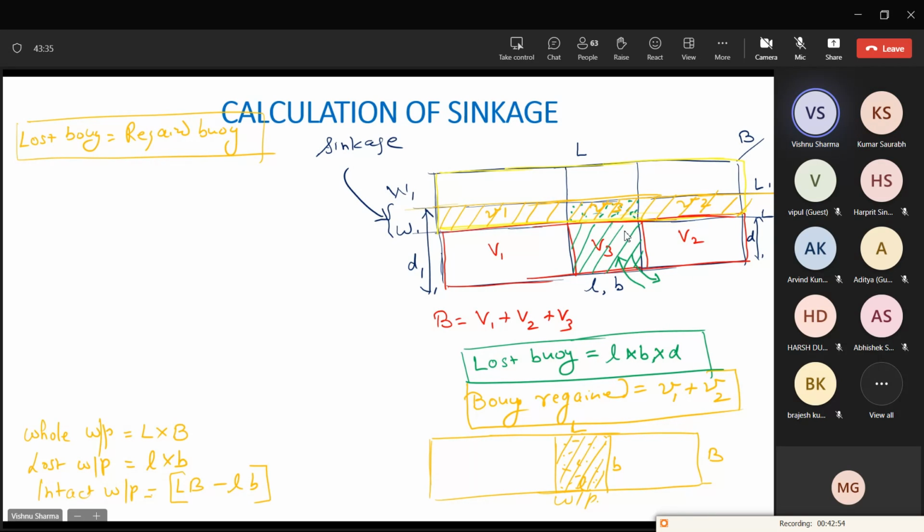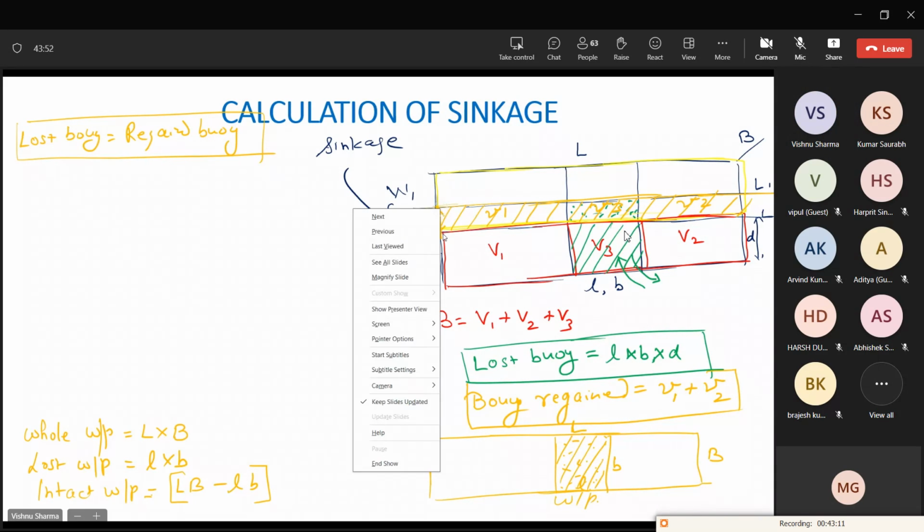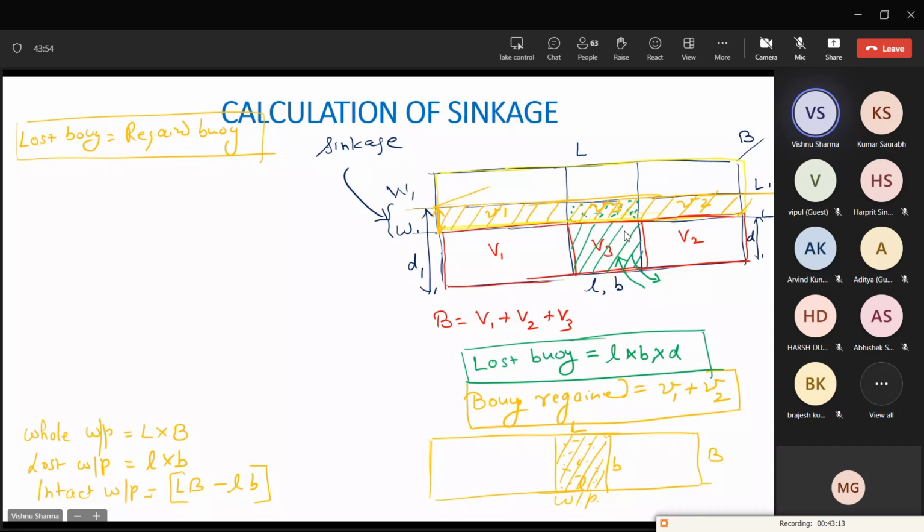Now, next, let's look at this upper diagram, the side elevation. Let's see what V1 is equal to. If this is sinkage, let us say this is sinkage, then V1 will be equal to what? The volume will be like this. Yes or no?